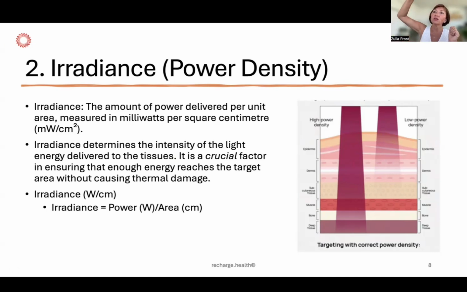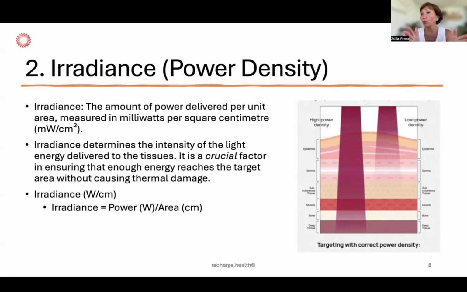So if you have a superficial focus, then of course irradiance will diminish as you go into tissues, and then it dissipates. Yes, so irradiance or power density really depends on the light source. How strong is that light source? This is a crucial factor ensuring that enough energy reaches the target area, but at the same time we don't want it to burn, so it shouldn't be a thermal effect.